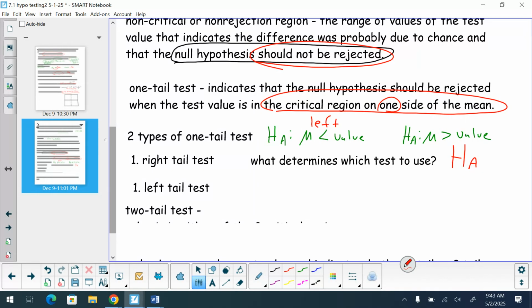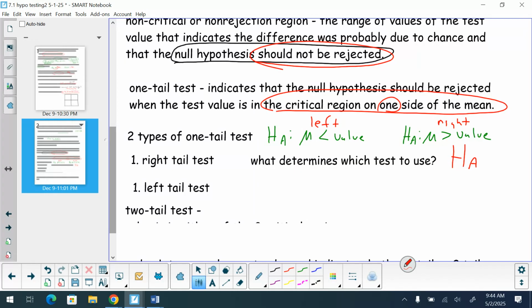When it's less than, we're going left. Lefty loosey. When we're going greater than, we're going to the right. Now, what part of the alternate hypothesis tells us which way to go here? Look at the arrow. The arrow will tell you, do I go left or do I go right?